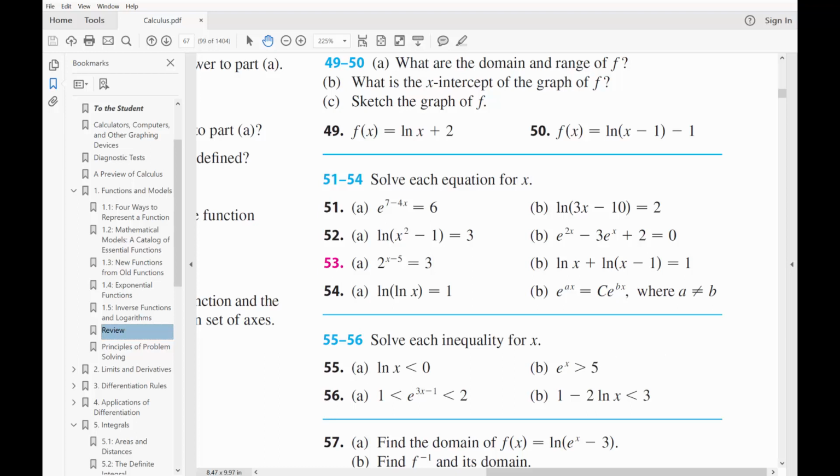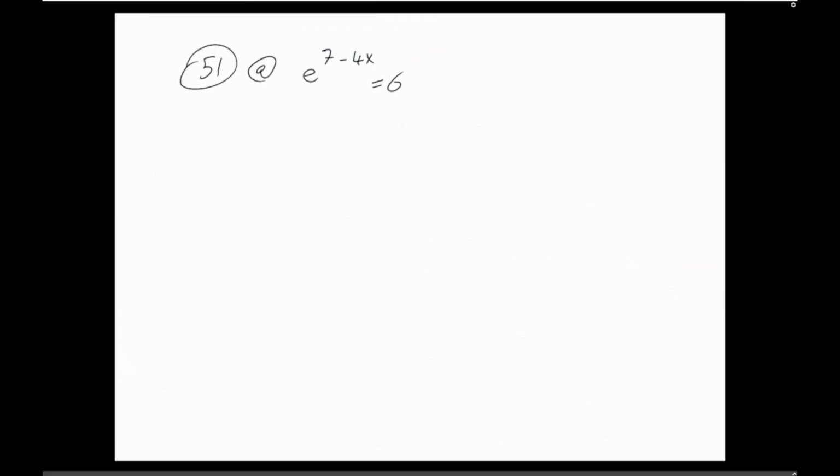So it says let x stand alone. In order for x to stand alone, what we're gonna do is take the ln to get rid of the e. So we're gonna get ln 6, and if we put the ln over here, then the e will disappear, and we have 7 minus 4x, and we want x to be alone.